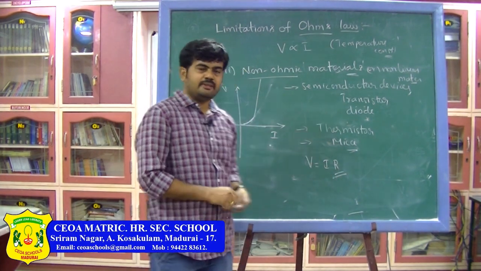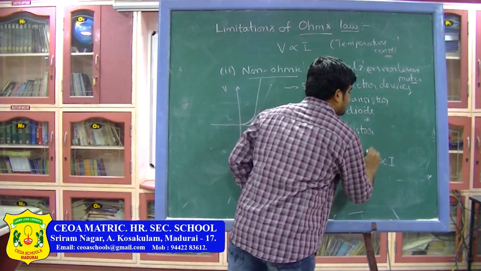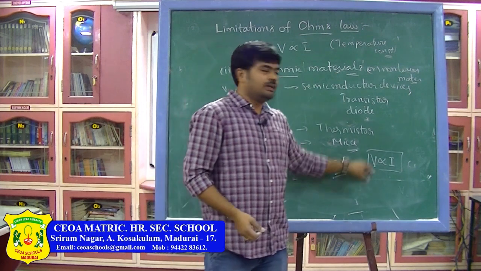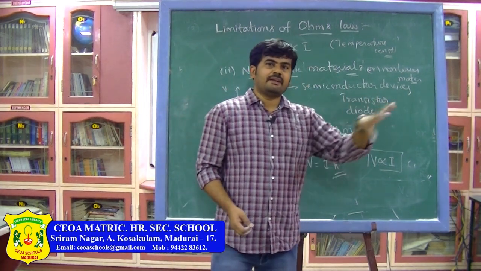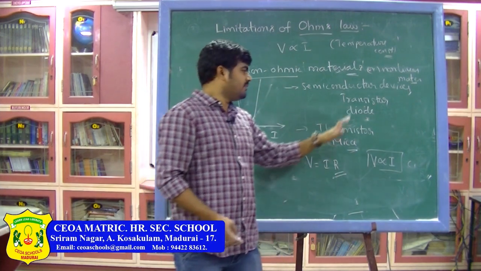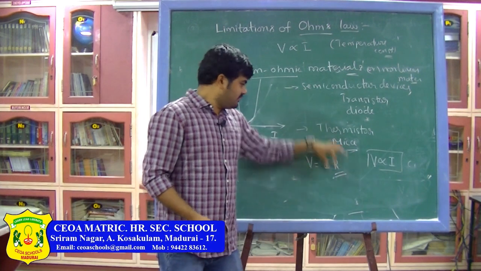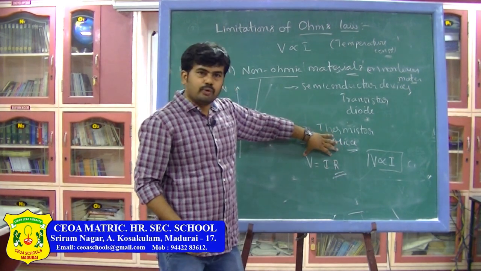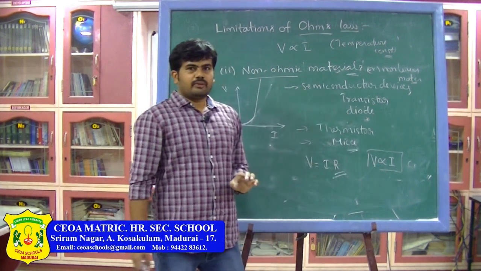Ohm's law means the potential is directly proportional to electric current at a constant temperature. So that is Ohm's law. Current and potential must be directly proportional to each other in that device. Then we can say that device is obeying Ohm's law. But this relation V is equal to IR is just a relation between potential and electric current. So this is not Ohm's law. V proportional to I at constant temperature is Ohm's law.